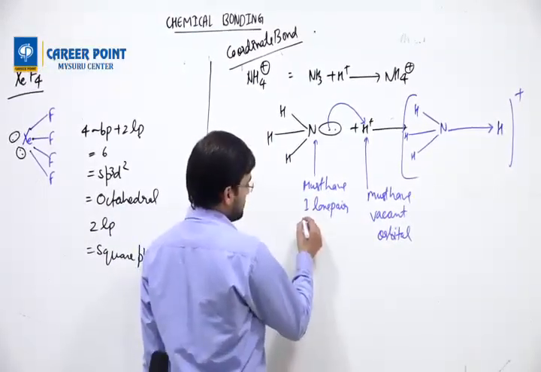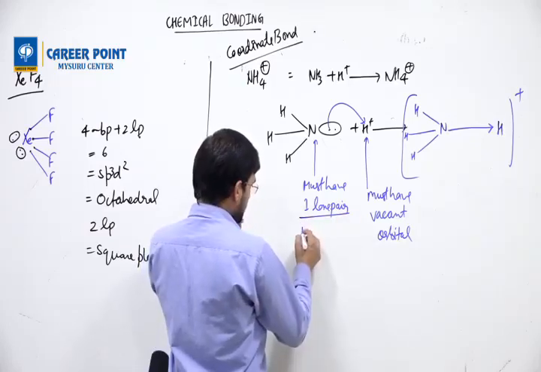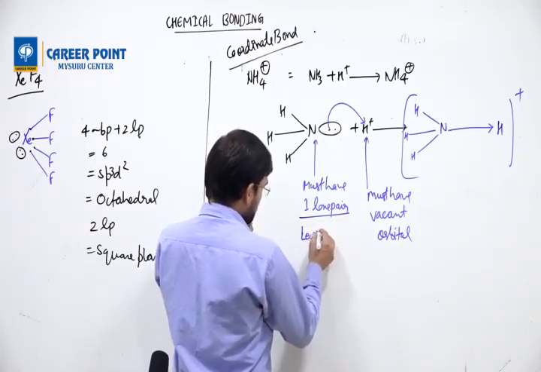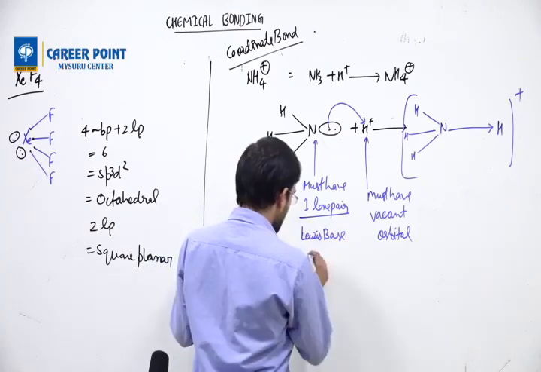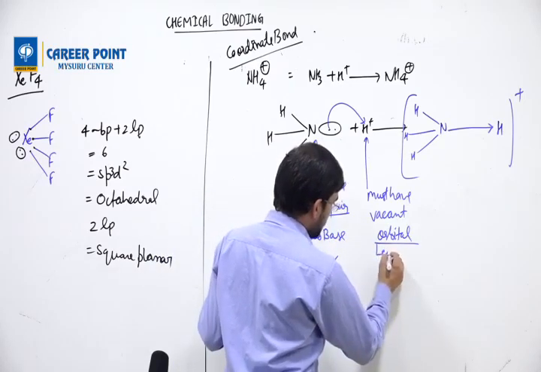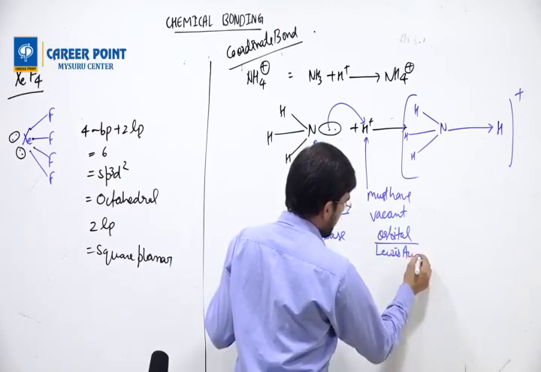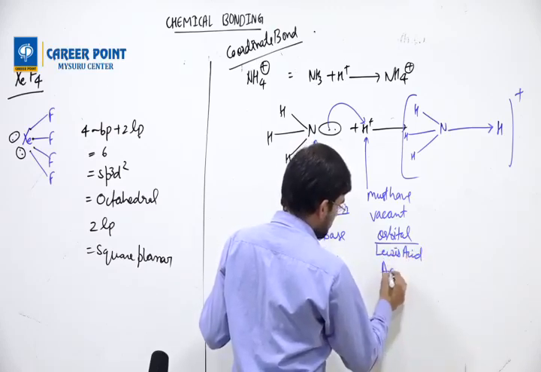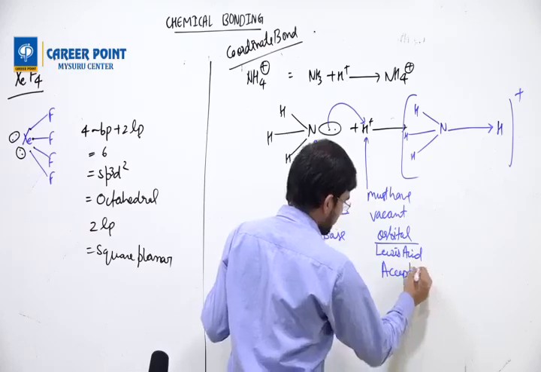So if you have a lone pair, it becomes a Lewis base, also known as donor atom. This becomes Lewis acid, also known as acceptor.